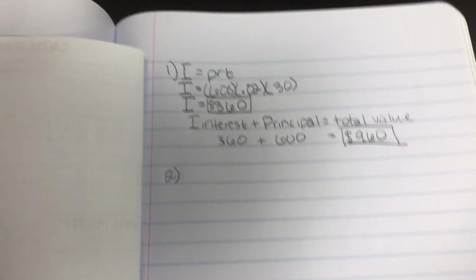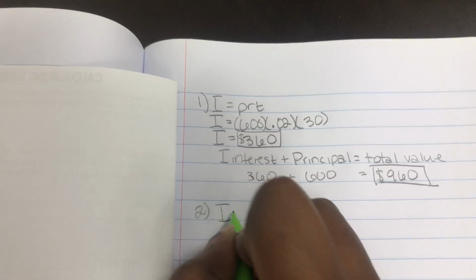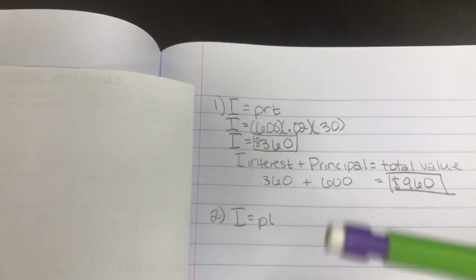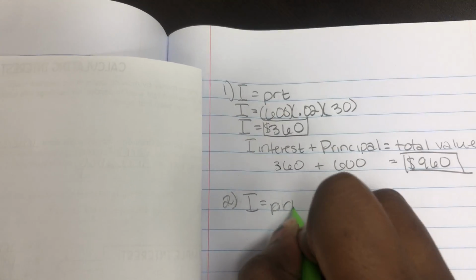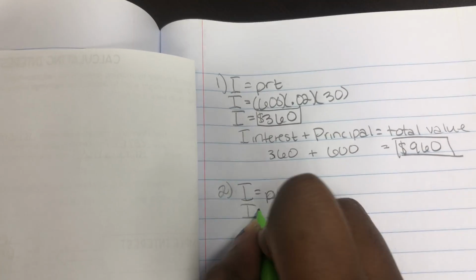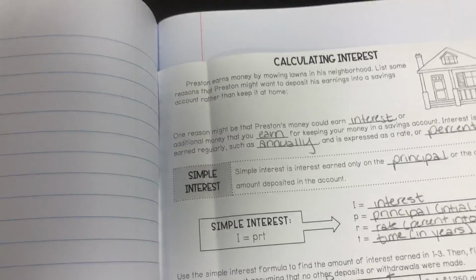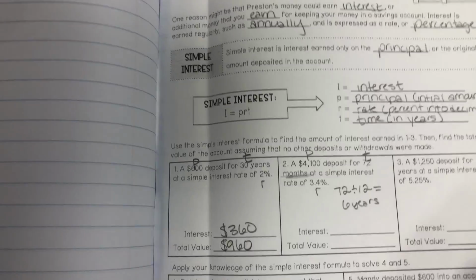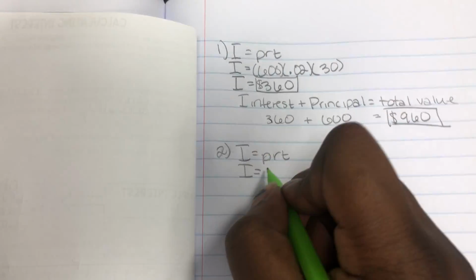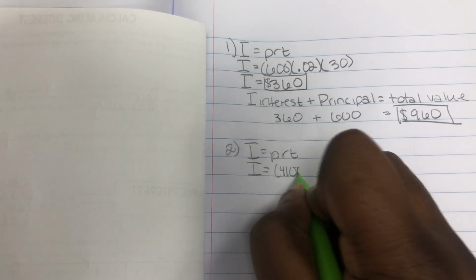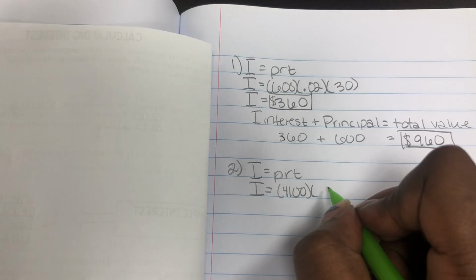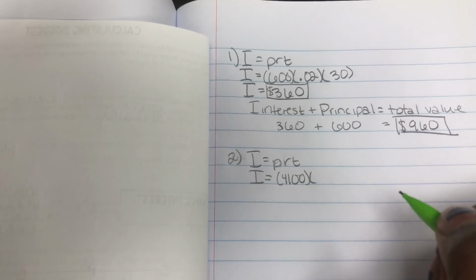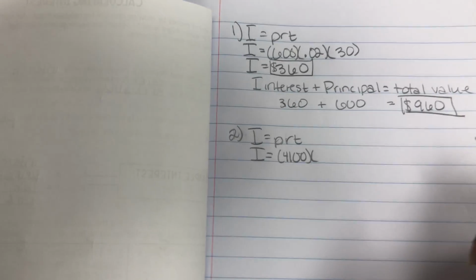All right, so number 2 is going to say, of course, I equals PRT once again. And I am messing up. Don't judge me. Our principal, we said, was $4,100. Our rate, we said, was 3.4. But whenever we turn that into a decimal, it's going to be, what do you think?